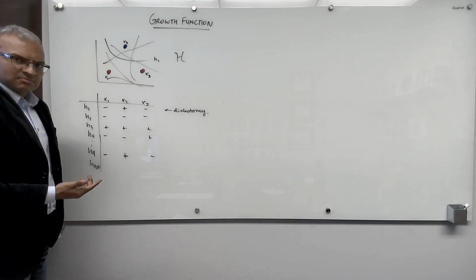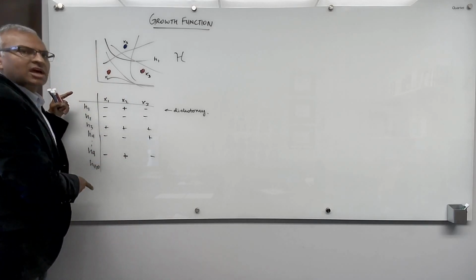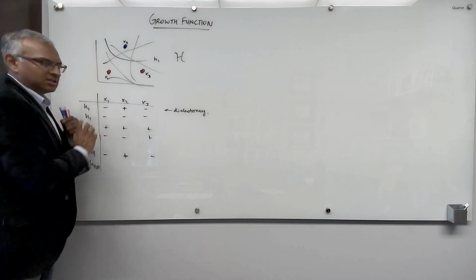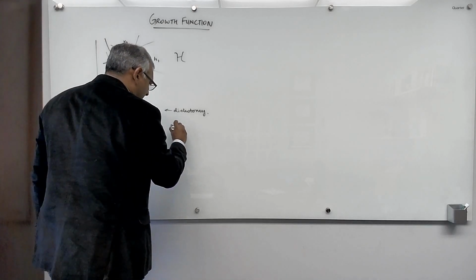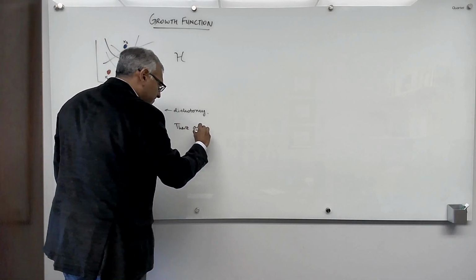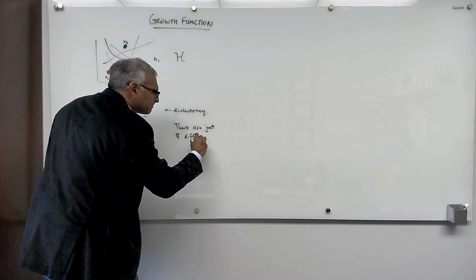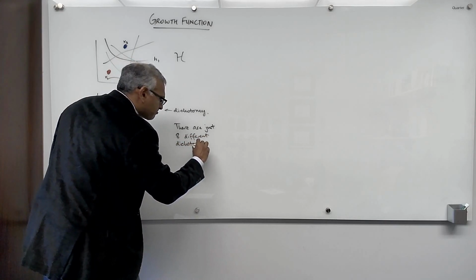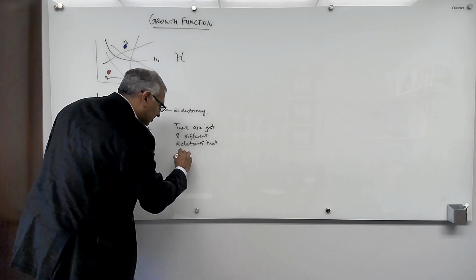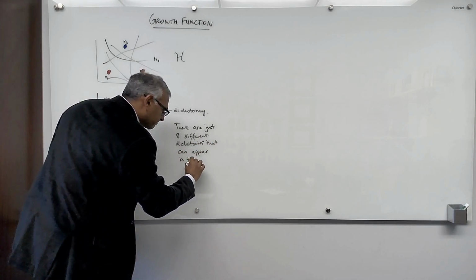It doesn't matter whether you're classifying in some abstract setting or using hypotheses. There are just 8 different dichotomies. That's an important observation. There are just 8 different dichotomies that can appear in this table.